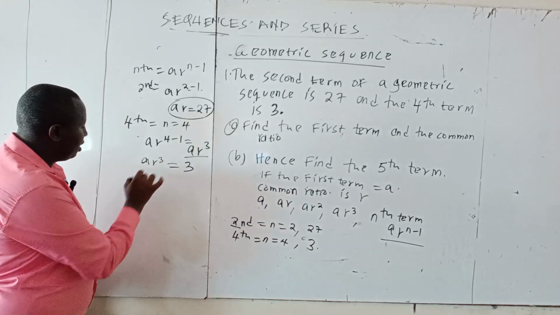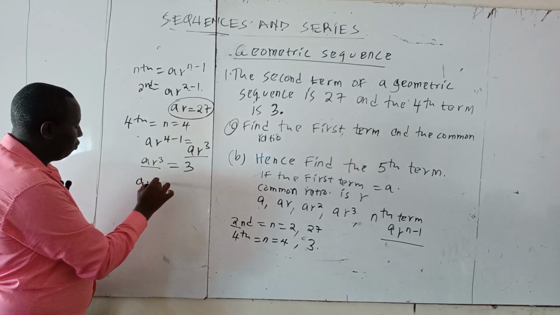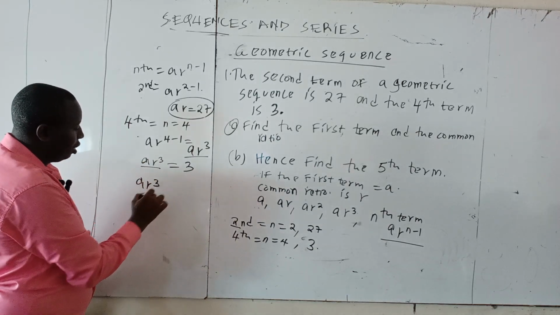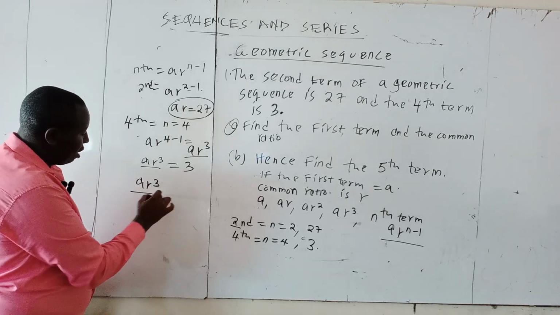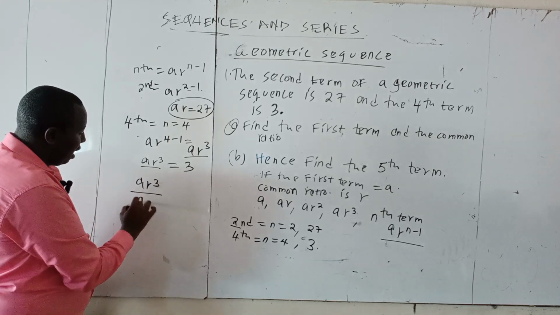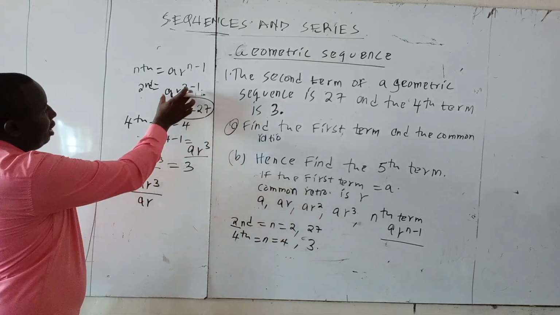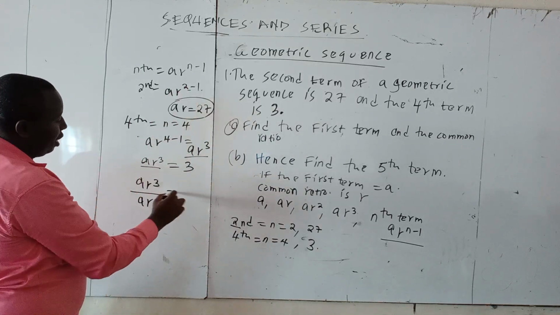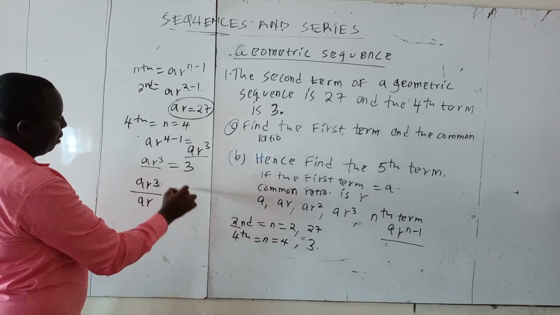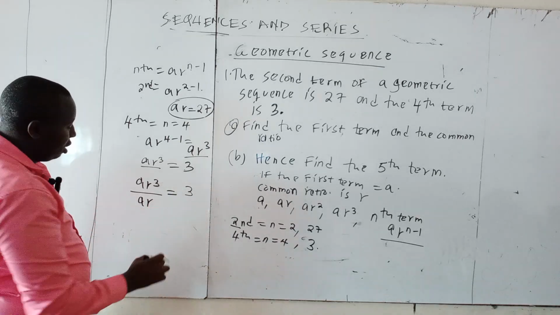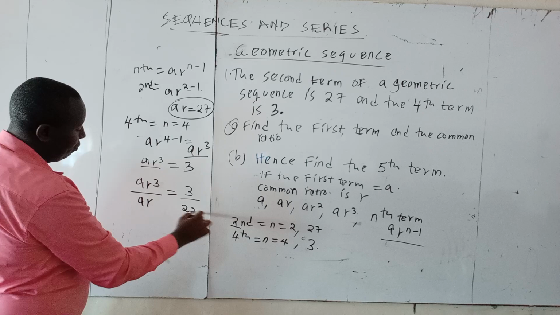So you say the fourth term, AR to power 3, divided by the second term, AR, is equal to 3 over 27, since the fourth term is 3 and the second term is 27.